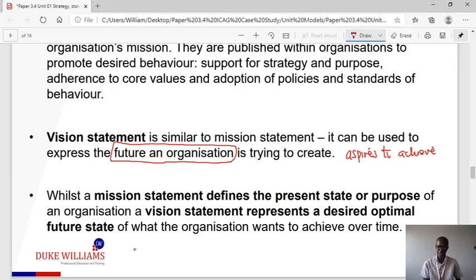I think the distinction is clear. The present state and the purpose of the organization is captured in our mission. But the desired optimal future state of the organization and what they want to achieve over time is captured in the vision statement.